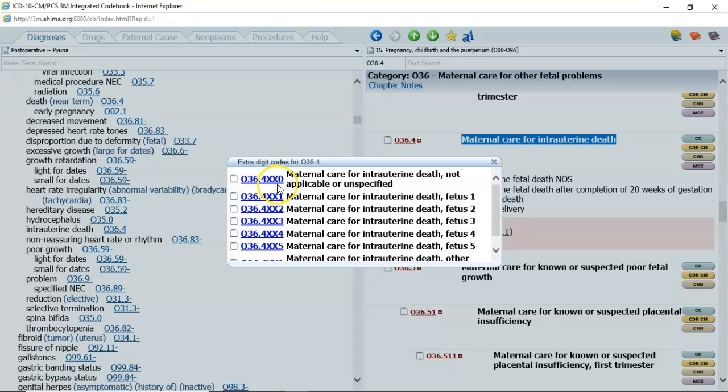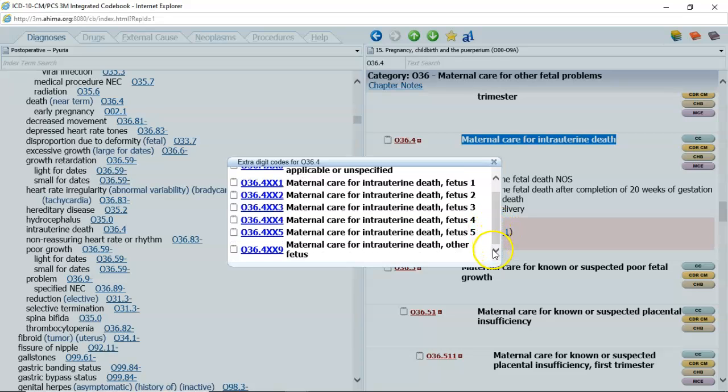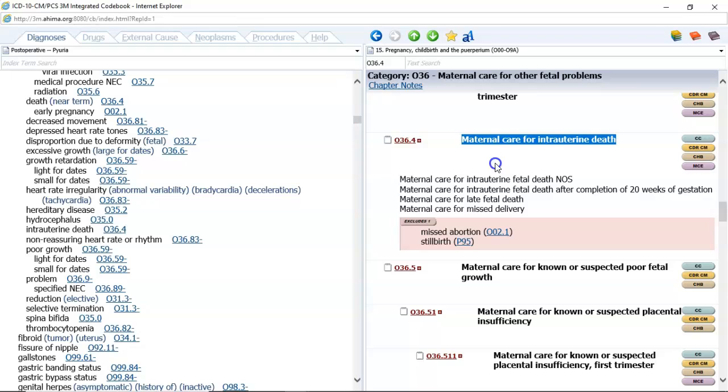We have to have our X placeholders, and that's intrauterine death, not applicable or unspecified. And for us, it's unspecified because certainly we know that there were 4 infants. Now, we're adding our week's gestation code, Z3A.39.